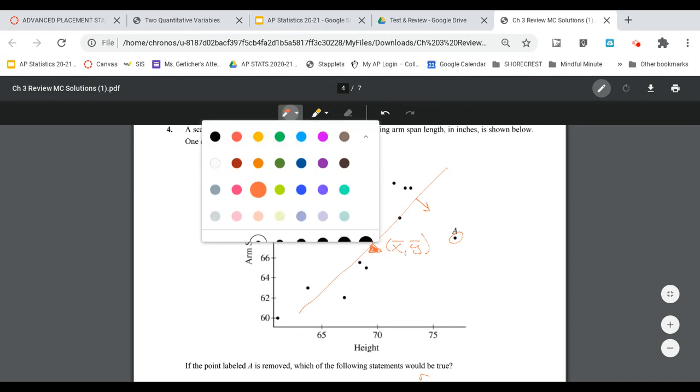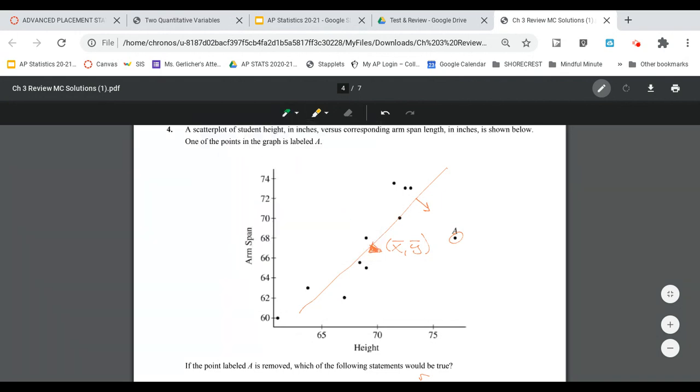Let me use a different color. If I take A out and therefore that force is gone, the line is going to snap back up here, which makes it teeter-totter down there. So let's think about what happened. Our slope got steeper, and it's a positive slope, so it got to be a higher slope.